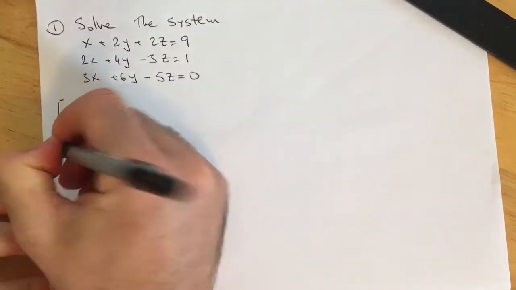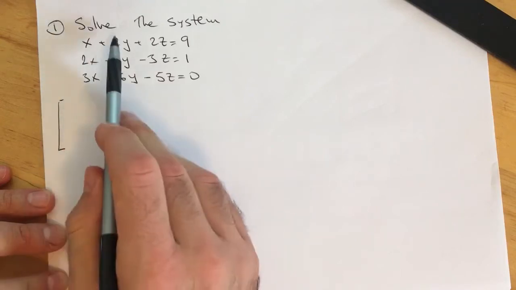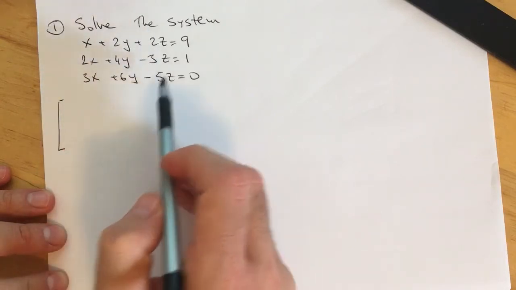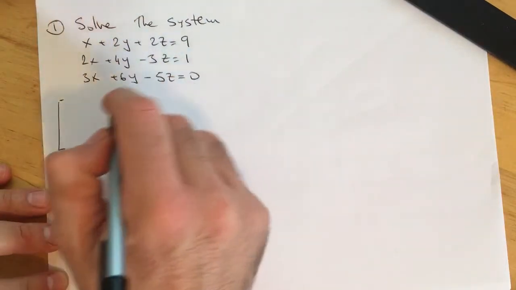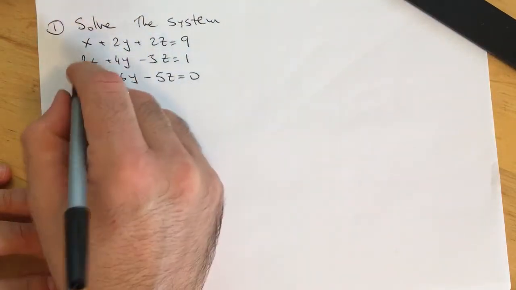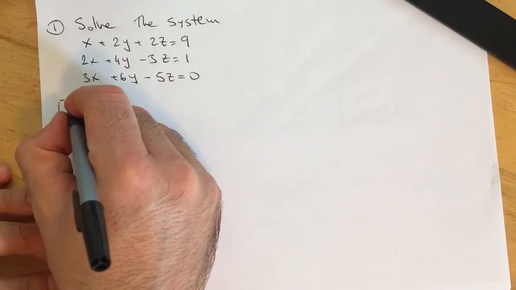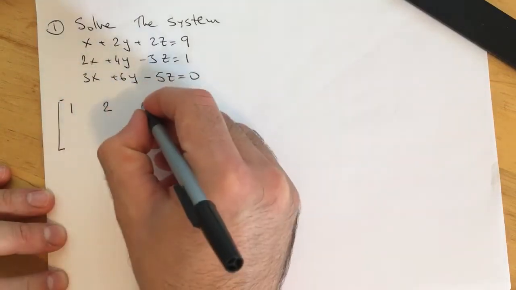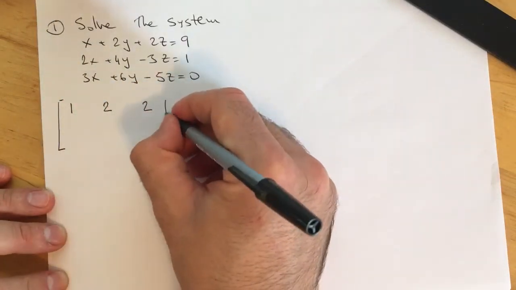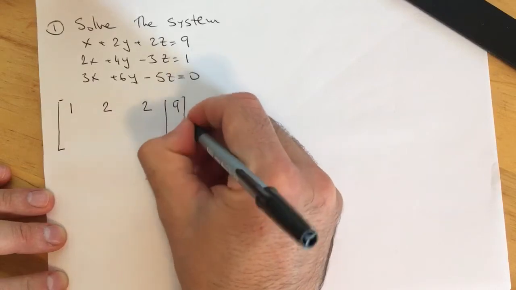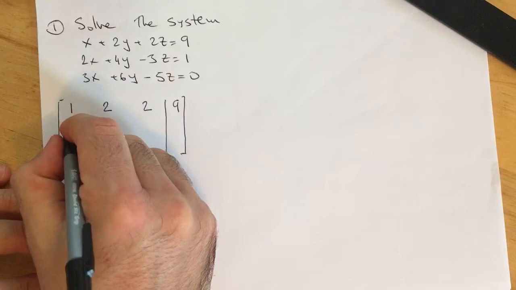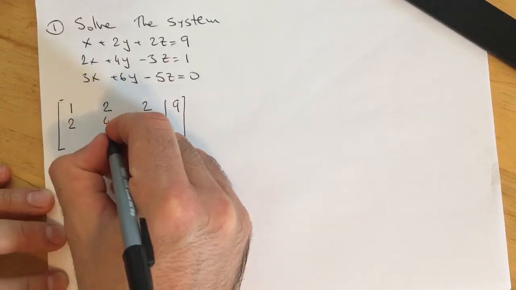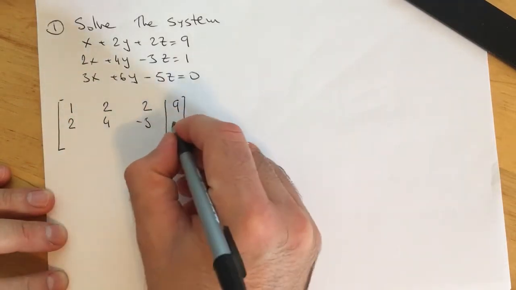So how do we do that? We just collect the coefficients and the constant at the end and put them in the matrix. The first equation gives me the first row. So I have 1 times x, 2 times y, 2 times z, and this vertical line, 9, or sometimes I put a dotted vertical line, sometimes full. Second equation: 2, 4 times y, negative 3 times z, 1.